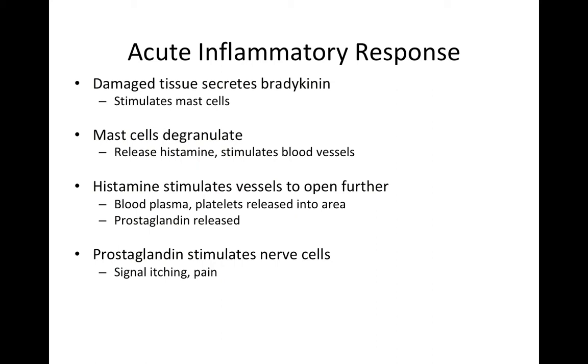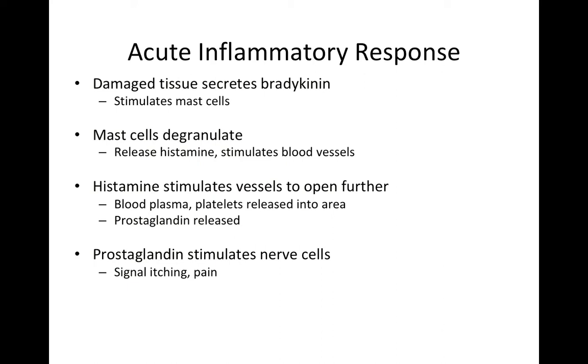So basically, when you have an injury, the bradykinin triggers mast cells, the mast cells produce histamine, and then the histamine opens the blood vessels, and then we have increased fluid entering the tissue that can lead to edema or swelling. And then we also have prostaglandin molecules that are going to be producing itching and pain.